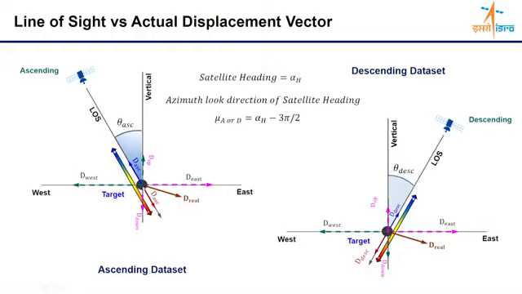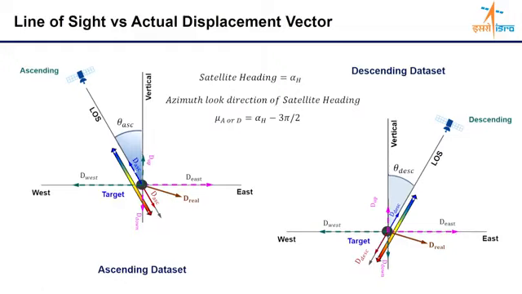If the target is moving away from the satellite, towards this side, that displacement is denoted by a negative sign. So whatever displacement we measure from a single pass, ascending or descending, if we get negative displacement, the target is moving away from the satellite, and if we get positive displacement, the target is moving towards the satellite.